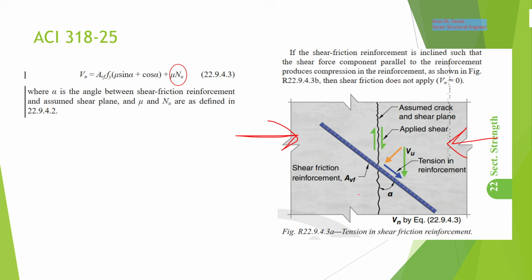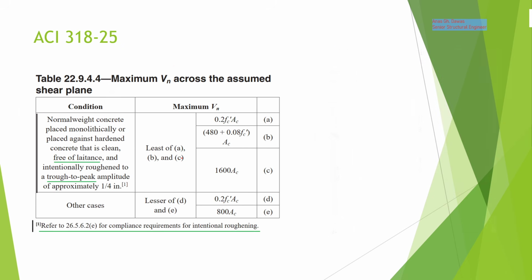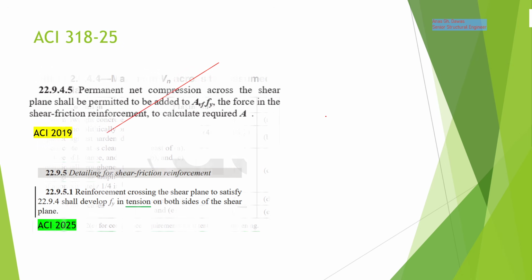This will improve the shear friction capacity at this shear plane. Also, when you check the shear friction at a specific section or shear plane, you have to know that we have an upper limit on the shear capacity. If you exceed these limits, you have to increase the section size or the grade of the concrete.